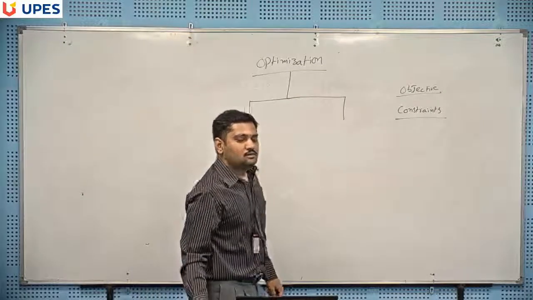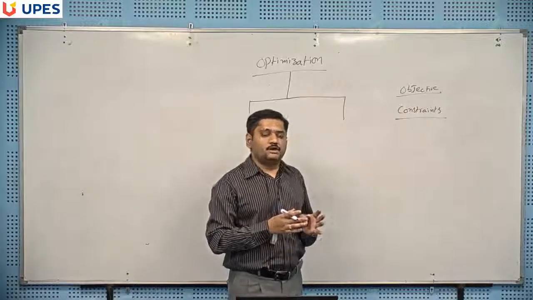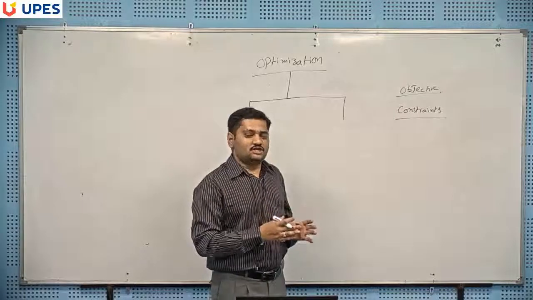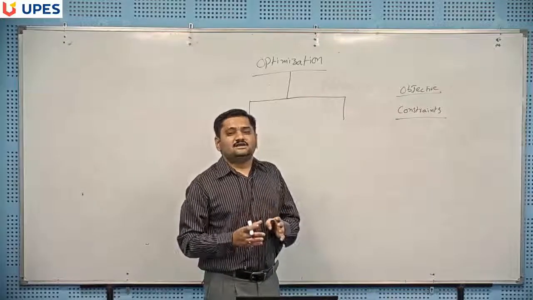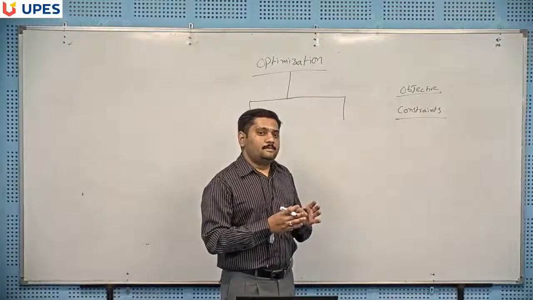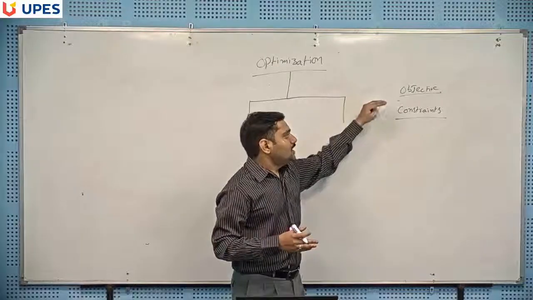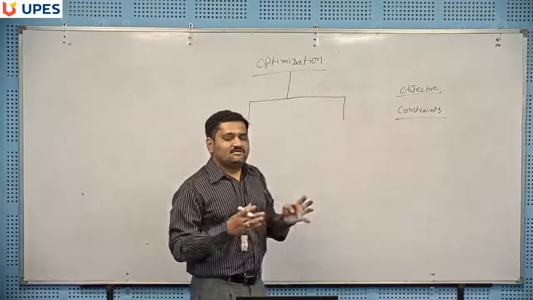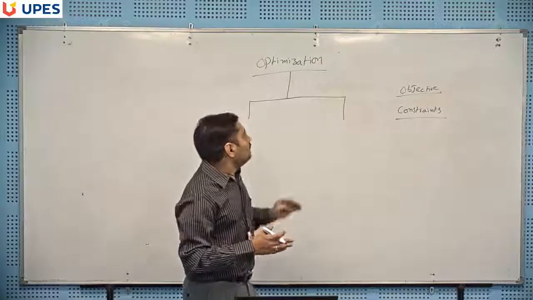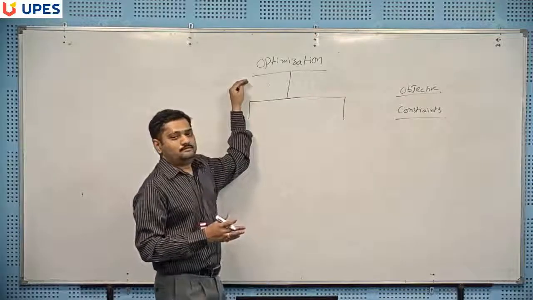Now we understand what an optimization problem is, what an objective function is, what a constraint is, and the various classes of optimization problem based on objective function and constraints. Now we will focus on the classes of algorithms which can solve the optimization problem.